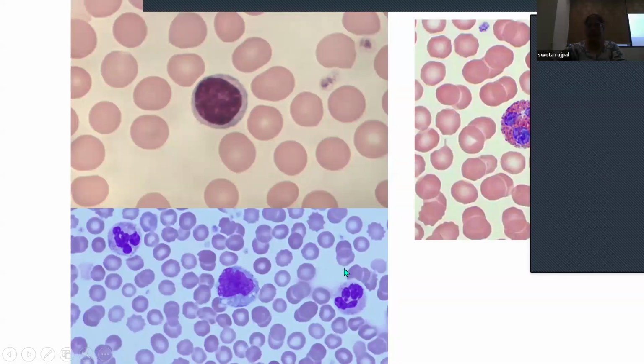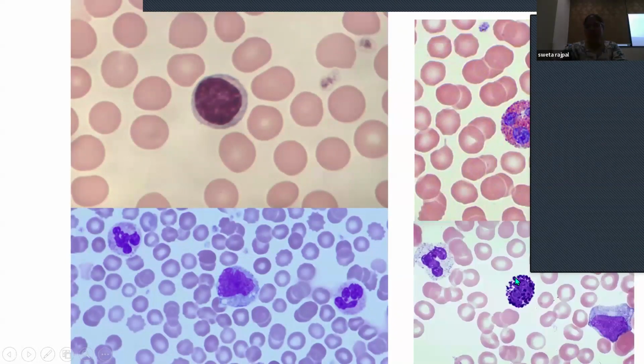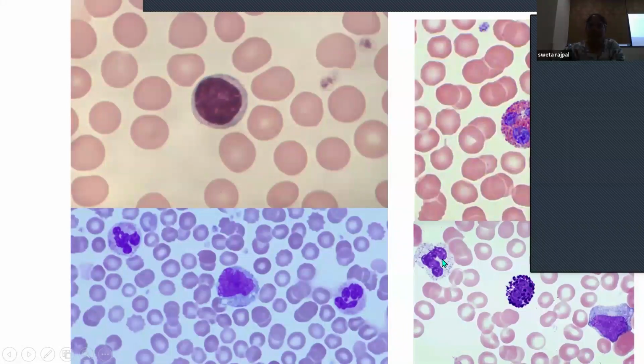So these are monocytes. And this cell has red granules. This is trilobed, but usually these are bilobed. So eosinophil. And this cell has dense granules in such a way that sometimes we are not able to appreciate the nuclei. So this is a basophil. These are the common cells that we see normally on the smear.